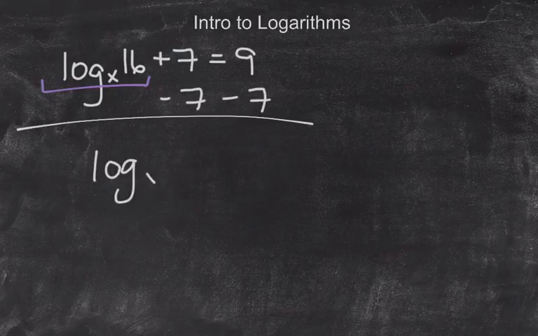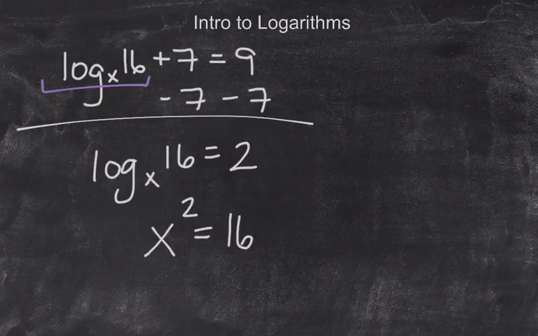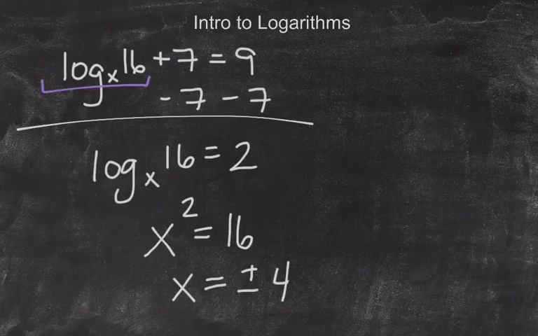Log base x of 16 equals 2. And so this is asking the question, x to the power of 2 equals 16. What is x? I can take the square root of both sides, and I see that x can be positive or negative 4.